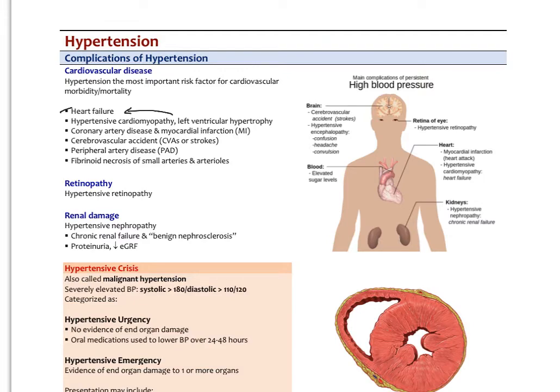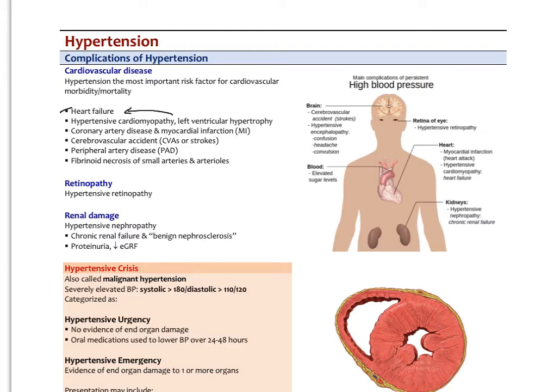Now the question is, does arterial sclerosis precede hypertension, or is it vice versa? They seem to be tightly interlinked. So effects on the cardiovascular system are one main set of complications of hypertension. The other would be damage to the retina, which causes hypertensive retinopathy, where over time the retina can actually be destroyed, and that leads to blindness. And then the kidneys would be the other big system affected.